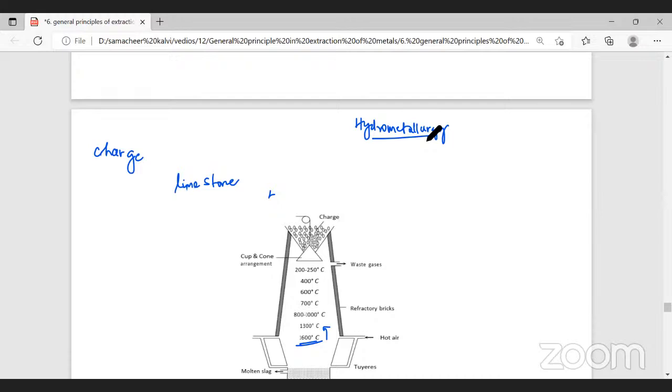What happened at that time is the gold was dissolved in cyanide solution. People used to bring sodium cyanide solution. Gold is not soluble in any acid. Gold is a noble metal, it does not react. But gold is soluble in aqueous sodium cyanide in the presence of oxygen.